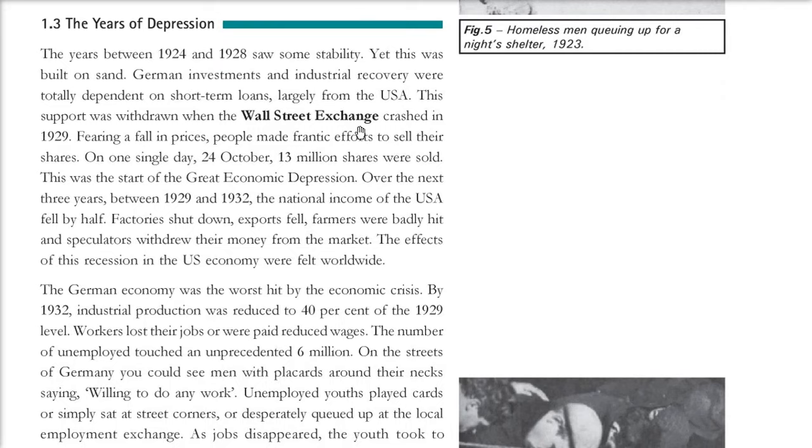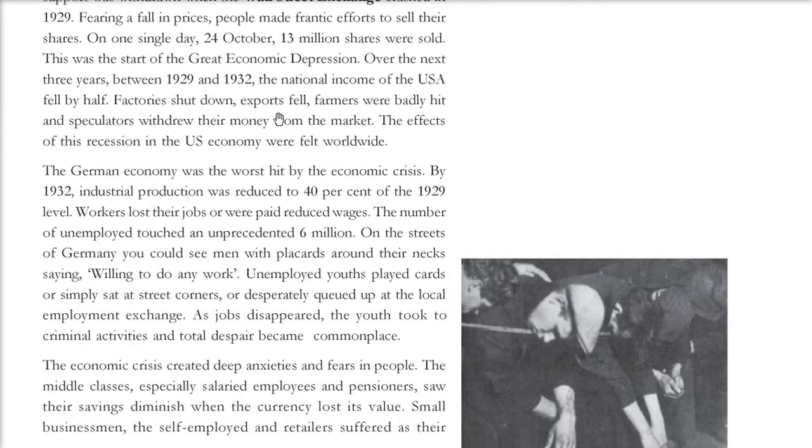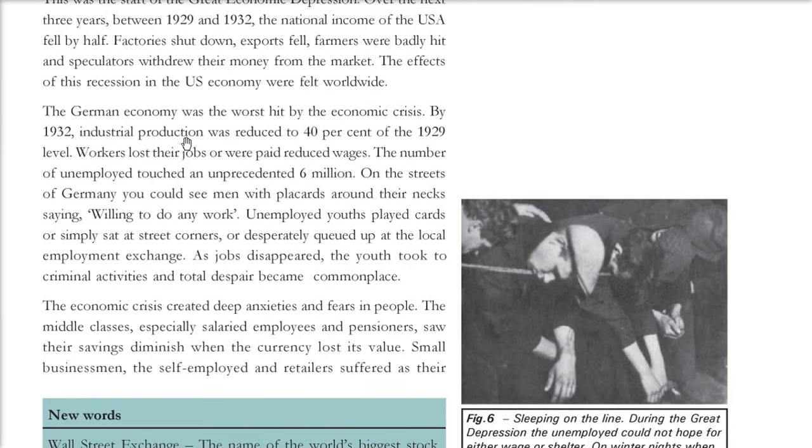This ripple effect came to Germany and all other countries, right? Because in the USA, the national income fell by half. Factories were shut down, exports fell, farmers were badly hit, and speculators withdrew their money from the market. And when they withdrew their money, the German economy went into crisis.